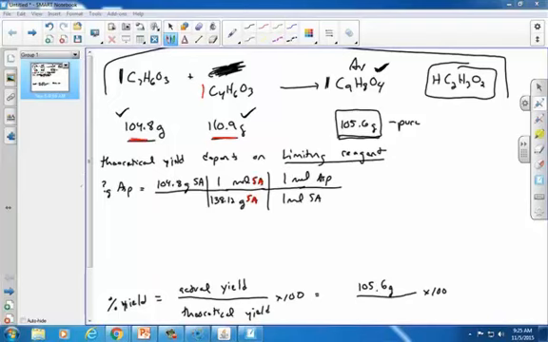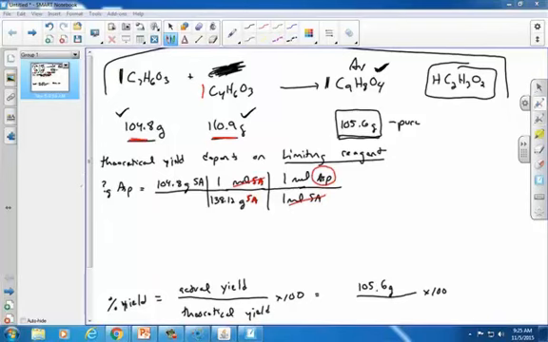Often it won't be a 1-to-1 ratio. In this case, if you left out this step, it's not going to change the number mathematically because multiplying or dividing by 1 doesn't change it. But in most cases, you'll have different coefficients other than 1 here, and if you leave this step out, you won't get the right answer. So it's a really important step. It's the key step. It allows me to convert moles of a substance to moles of a different substance.